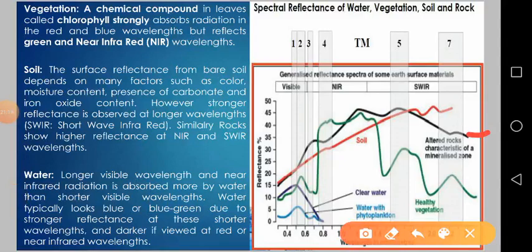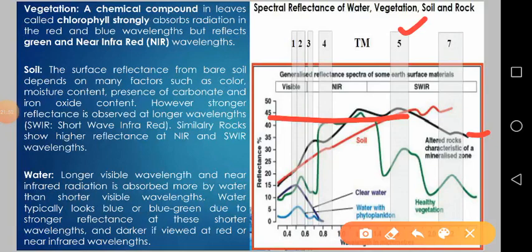In order to visualize or interpret the altered rock on the earth surface, we must use the fifth band, which belongs to the short wave infrared. There you can see the reflectance is almost 45%. As it has a higher reflectance percentage, you can interpret the image in a better way.